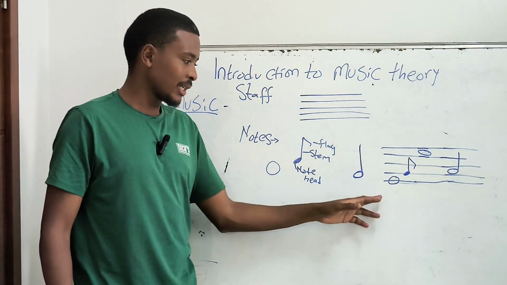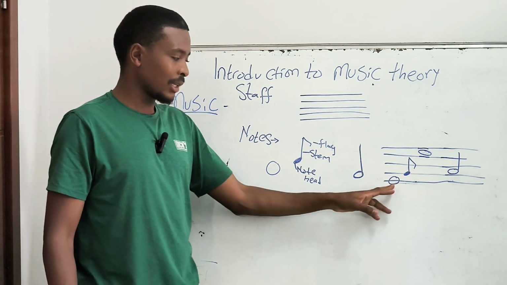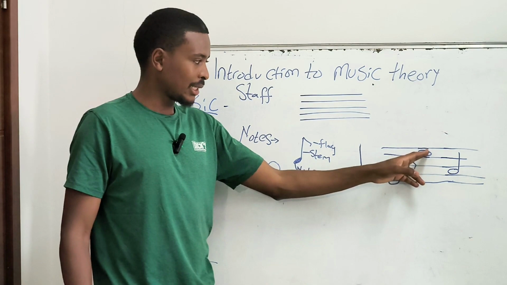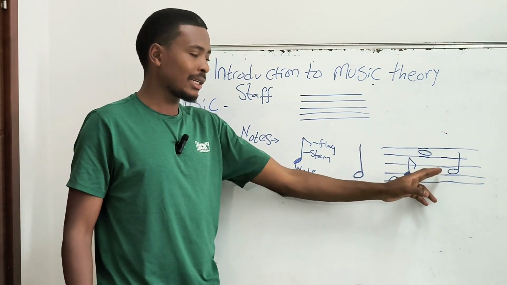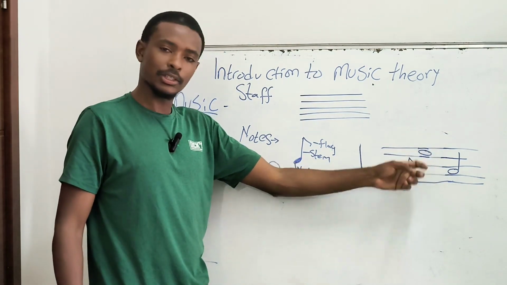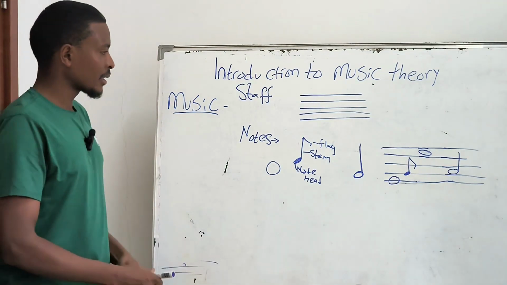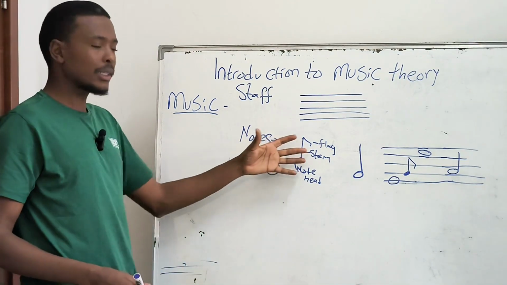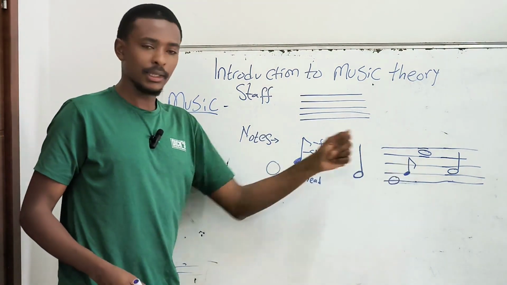If you are writing them on the line, let them sit on the line. If it is inside the space, let them be clearly seen that they are inside the space without touching the other lines.